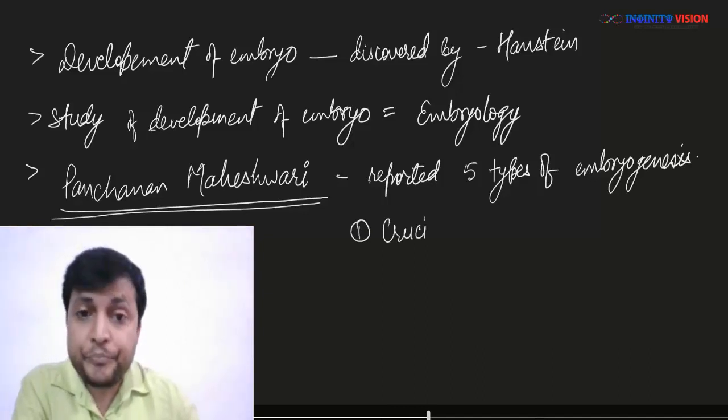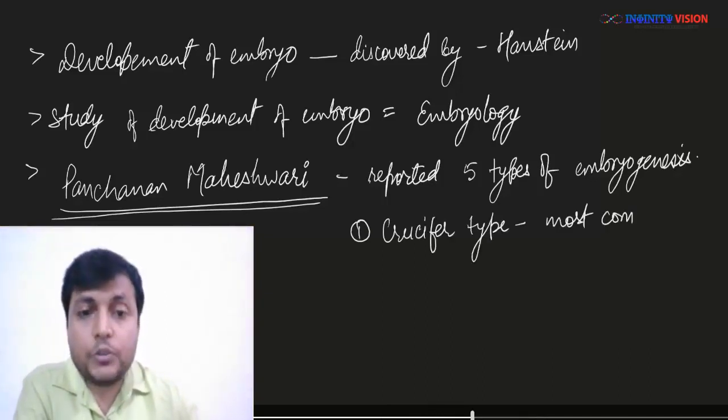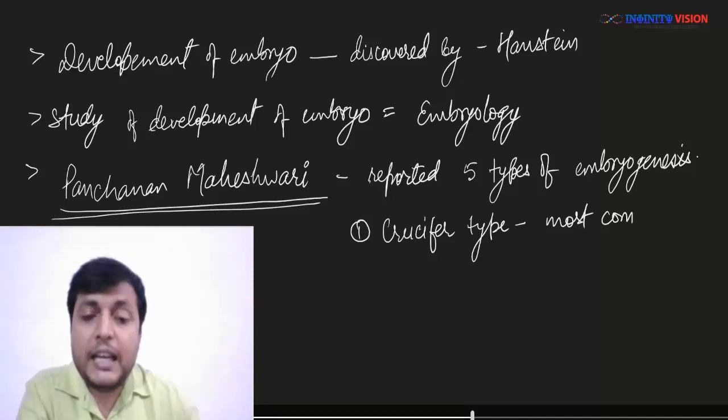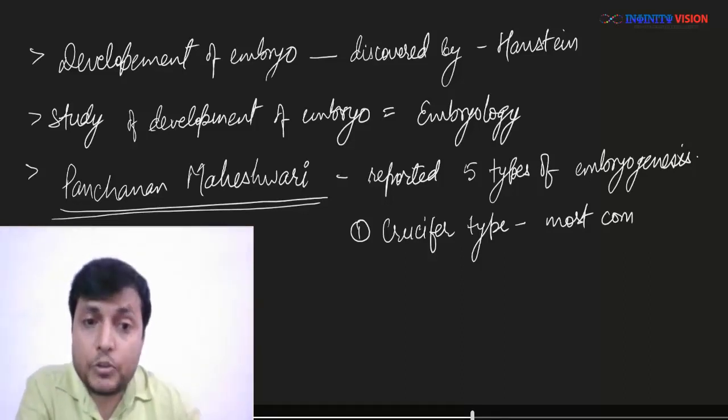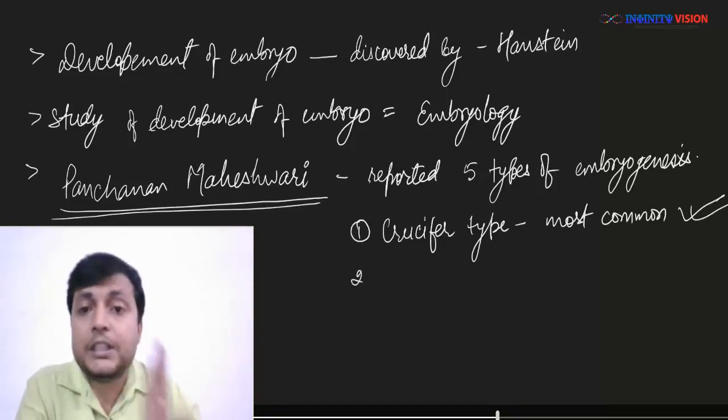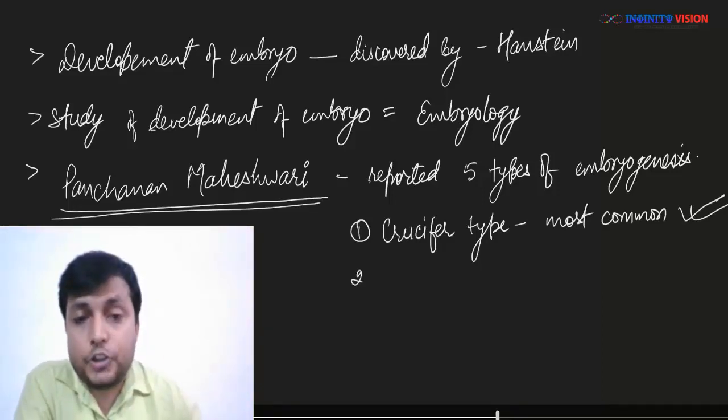What are they? The first one is the crucifer type. The crucifer type of embryogenesis is typical of the crucifer family and a lot of plant families. It is the most common type of embryogenesis, and this is the type that we have studied in this lecture.